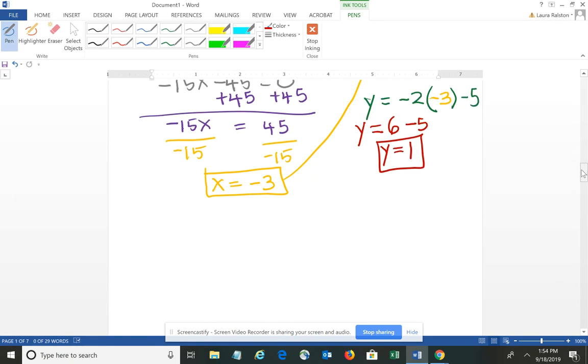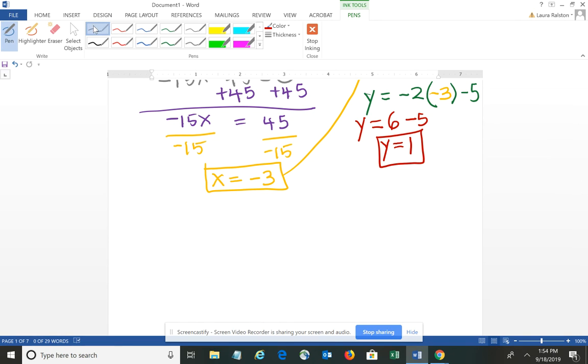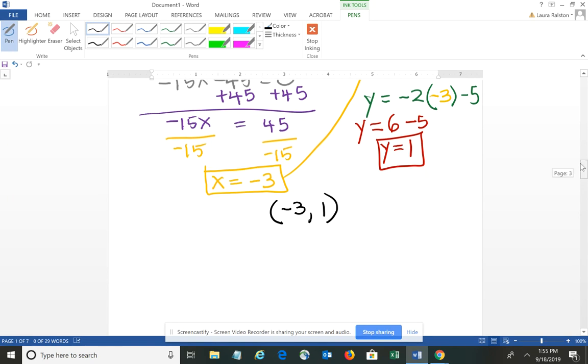Okay, so written as an ordered pair, my answer would be negative 3, positive 1. And again, I have a safety net because I can check myself.